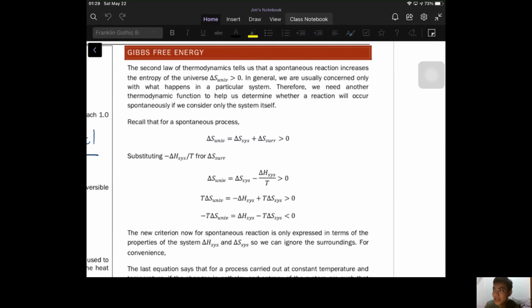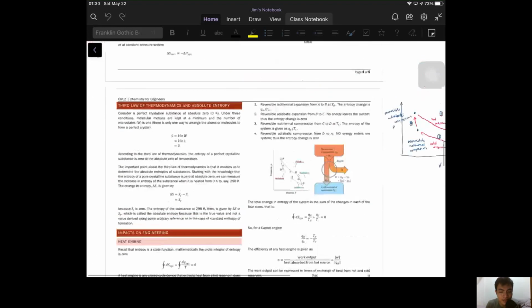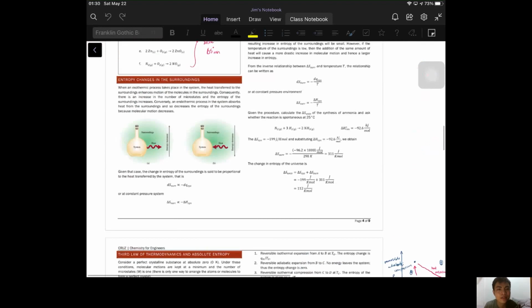Let me begin with the last topic for chapter 2, which is on Gibbs free energy. Ano yung problem na iniwan natin last time? Ang in-emphasize ko sa inyo is yung entropy that can help us determine kung ano yung direction ng reaction. It is always forward.